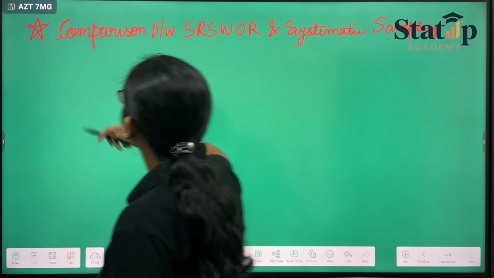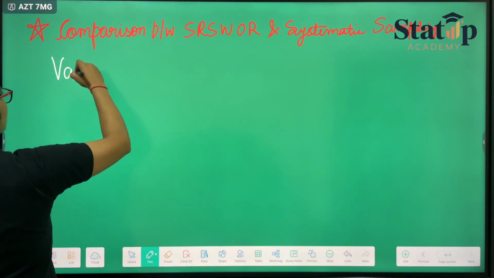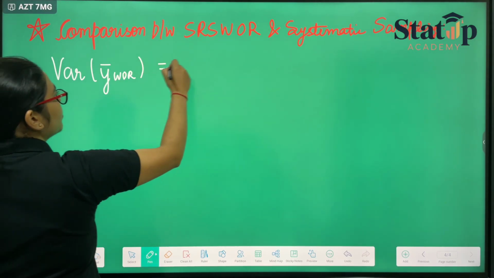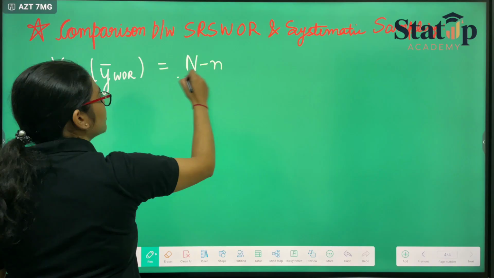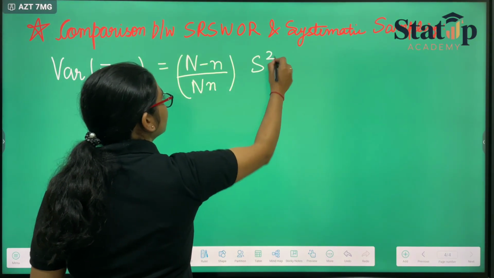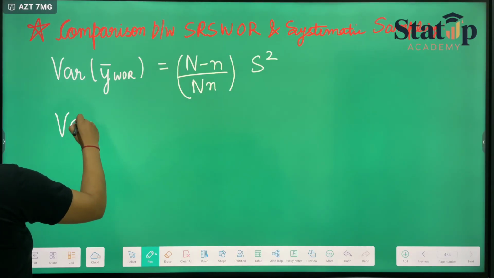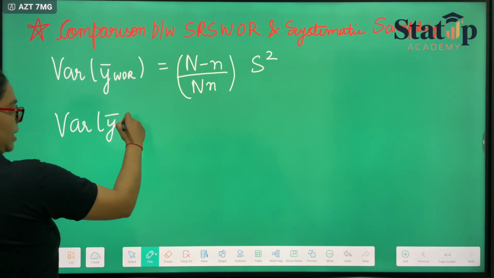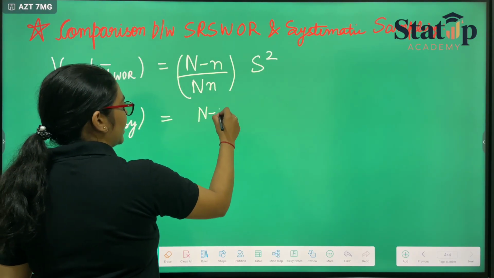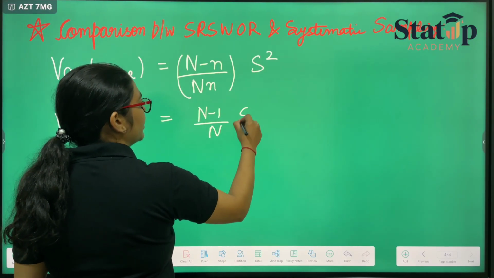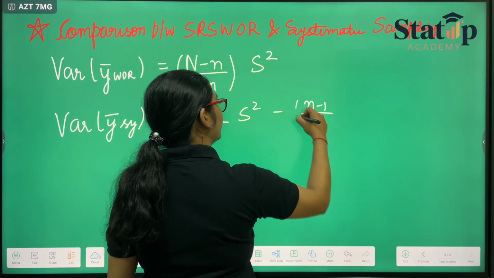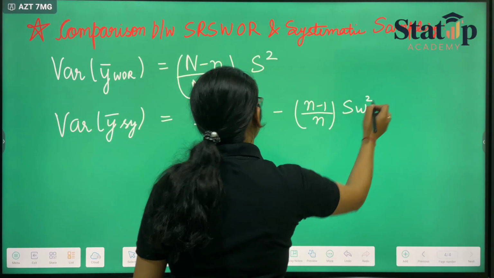Now we know that variance of y bar without replacement is nothing but (capital N minus n) upon capital N into S square, and variance of y bar systematic is nothing but (capital N minus 1) upon capital N into S square minus (small n minus 1) upon small n into Sw square.